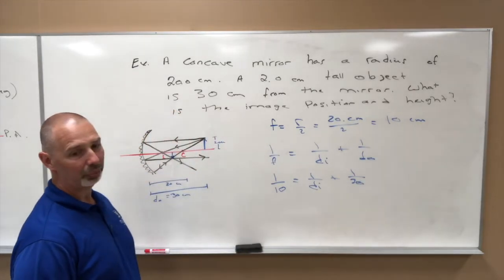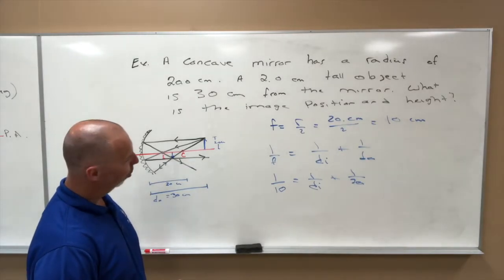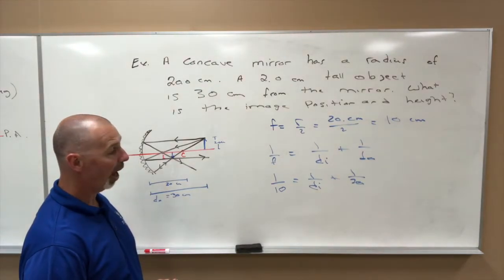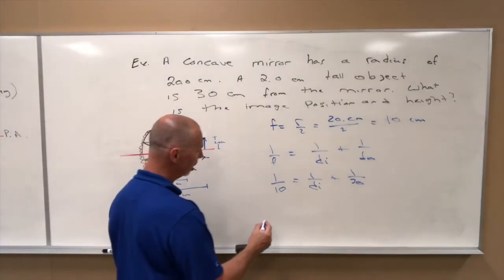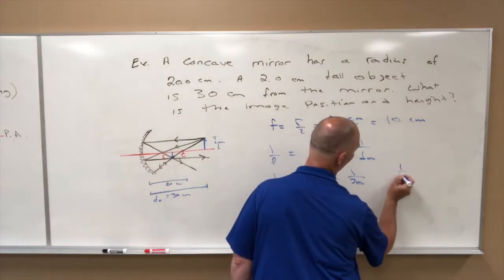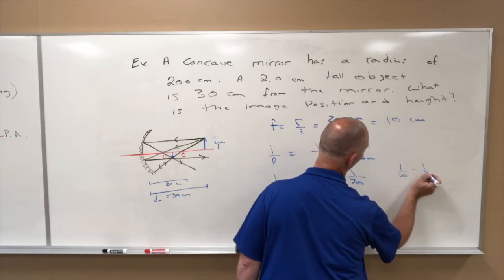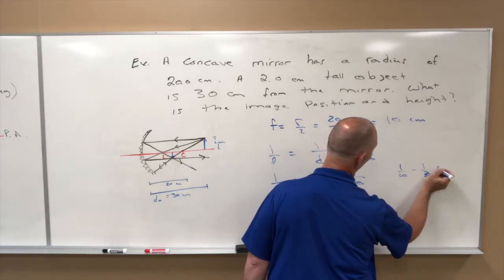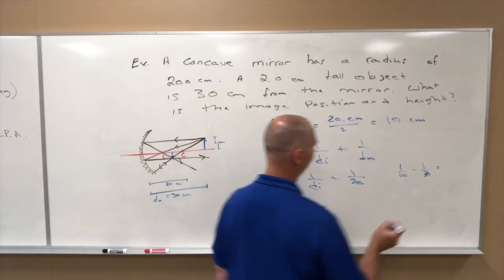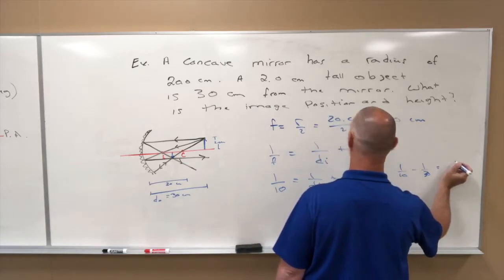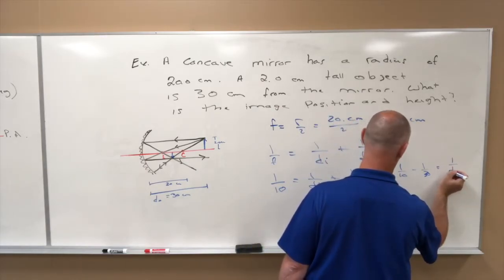All right, so there we go. We're going to subtract the 1/30th from both sides. So we're going to get 1/10 minus 1/30th equals 1 over di.